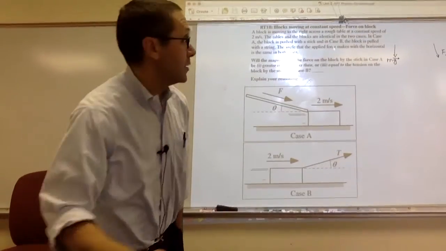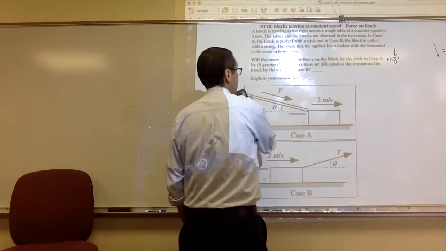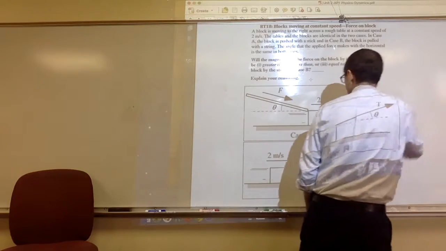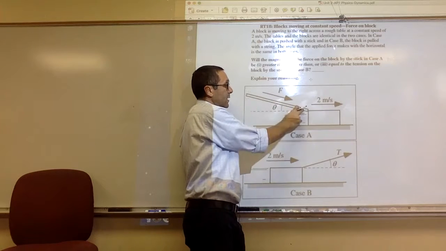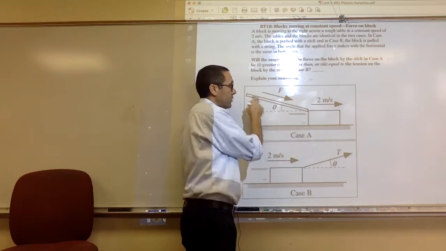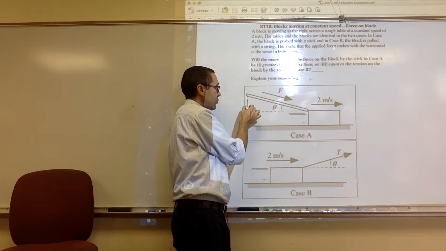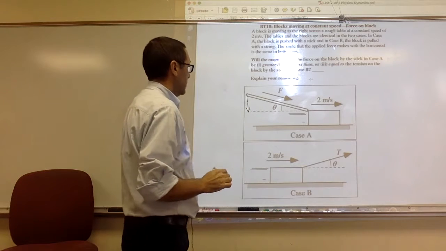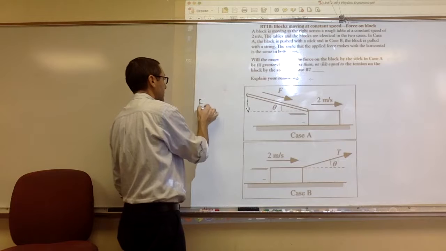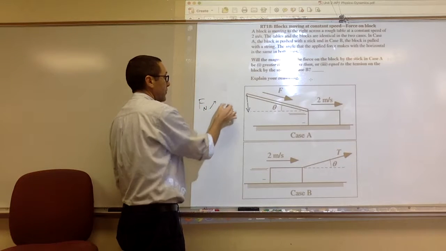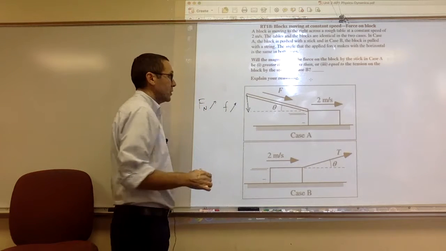All right, this one is a little tricky. Number 18, RT 18. So when you push in down at an angle like this compared to pulling, if you push in, you also push in down vertically, which means your normal force goes up. And if your normal force goes up, your force of friction goes up.